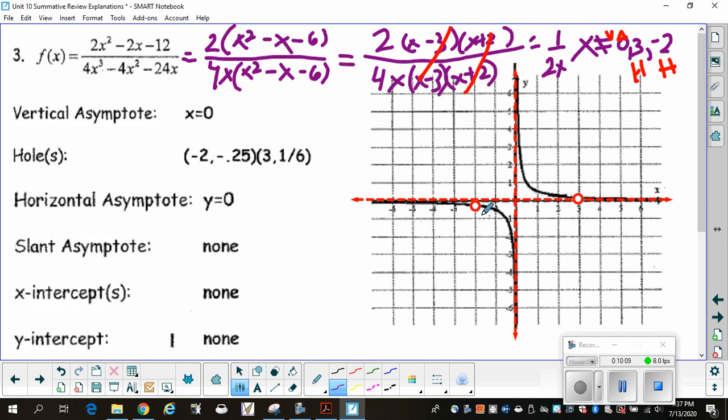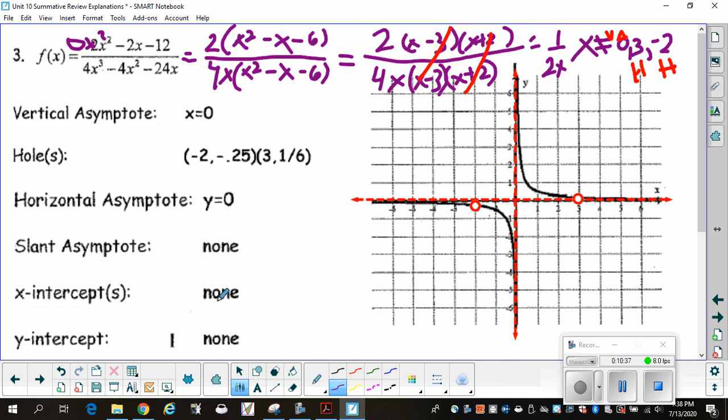So it's, whoops, it's right here. And then when I put a 3 in, it's going to be 1/6. So it's again right here, just very close. Since I have my horizontal, I've got a squared and a cubed. I don't have any cubes up here, so it's going to be 0x cubed over 4x cubed. 0/4 gives me y = 0 is horizontal, therefore no slant.